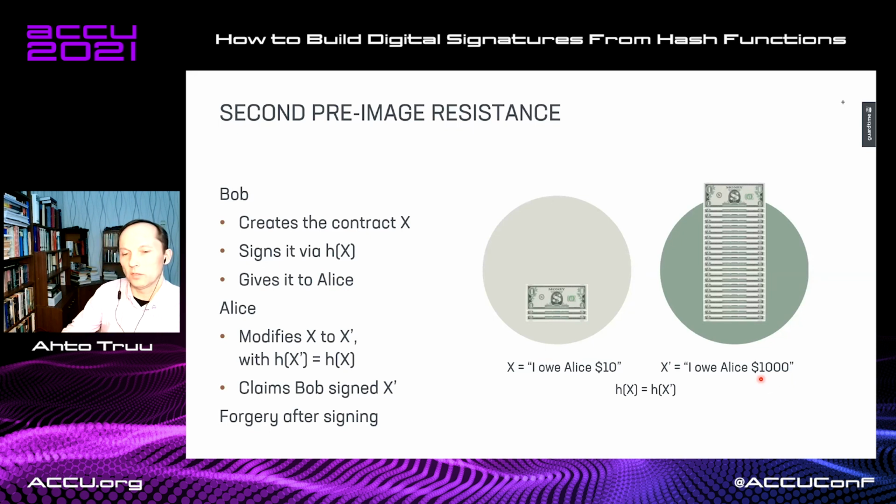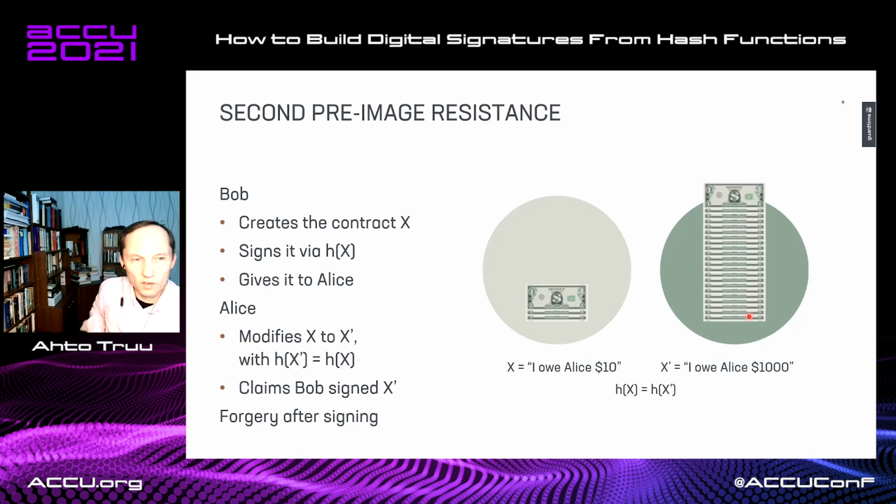And if the modified document hashes to the same value, then Bob's signature on this modified document is also applicable and valid to the other document. And now Alice can claim that Bob signed this other document instead, and can demand that Bob pay back a lot more money than is necessary. So the lack of second preimage resistance in a hash function enables forgery of signed documents after they have been signed.